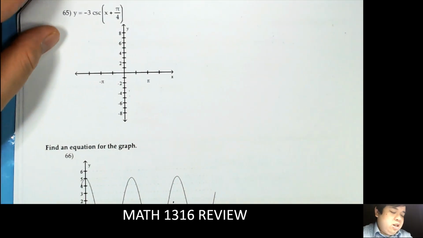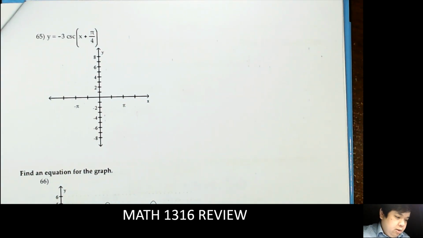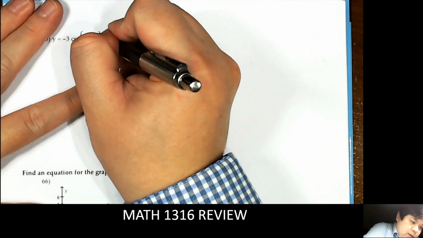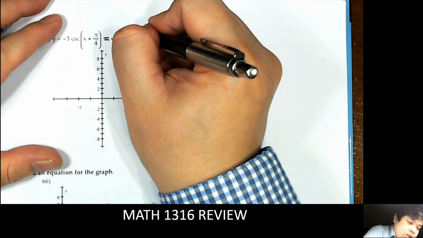Right. Do 65 instead. Negative 3 cosecant is the reciprocal of sine.